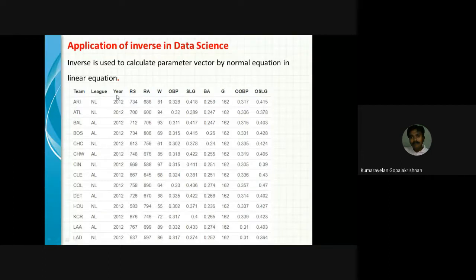Here I am going to consider only a subset of features. That is a very, very important thing in data science: feature selection. Even though a data set consists of many features, with a domain expert we have to identify which features are needed for our analysis. Only those features should be taken for computation.